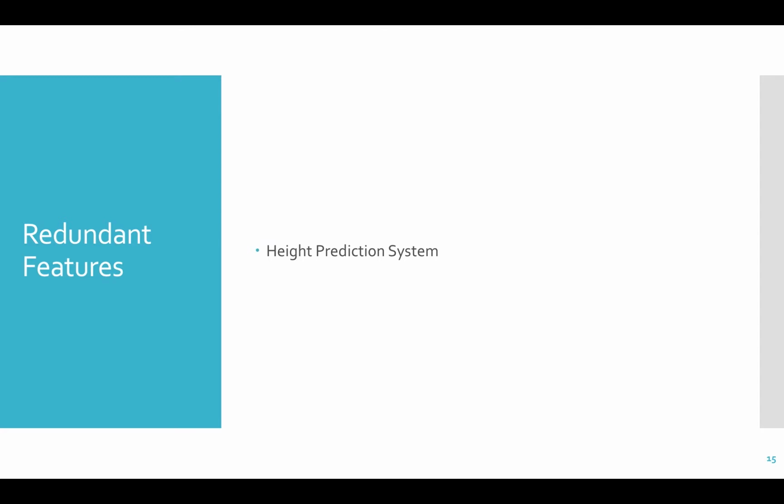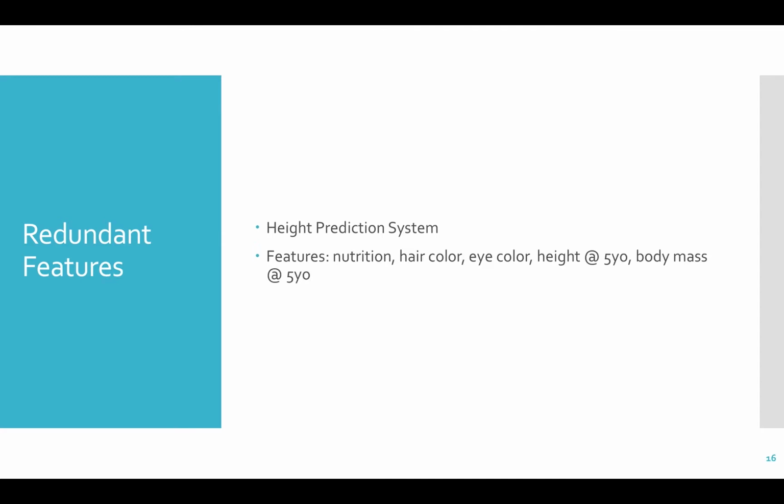Another example where we see redundant features. If we're trying to do a height prediction system, that is, we're trying to predict how tall someone will be based on their physical information at age 5, you may collect data such as eye color, hair color, nutrition, height at 5 years old, body mass at 5 years old, and so on.